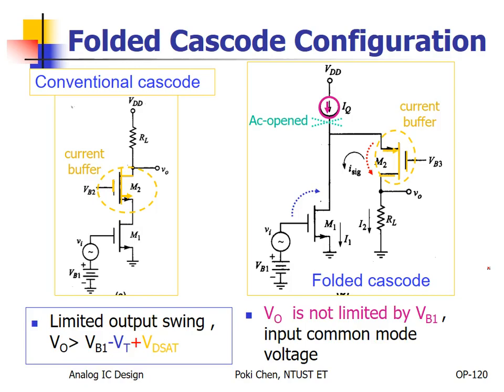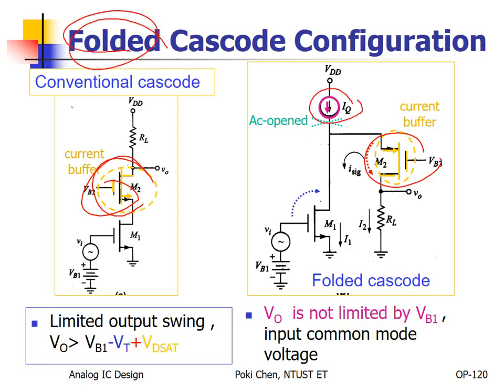So you can see, I help you to highlight different transistors for different functions with different colors. So for the current buffer, the color is maybe much similar to yellow. And then for the folded part, to fold the current flow and stop the AC current from flowing from here, we need the help of DC bias.